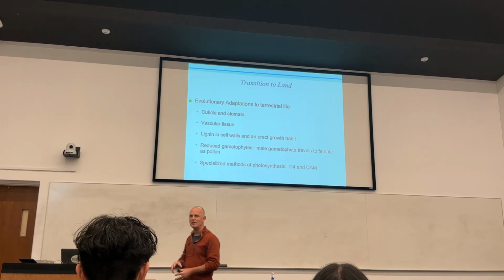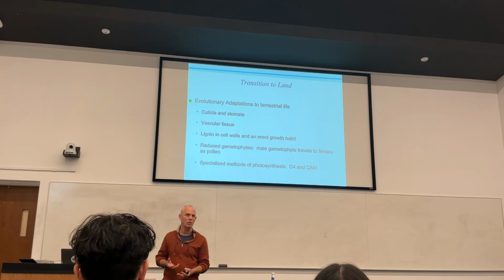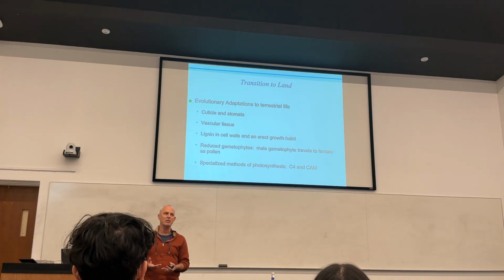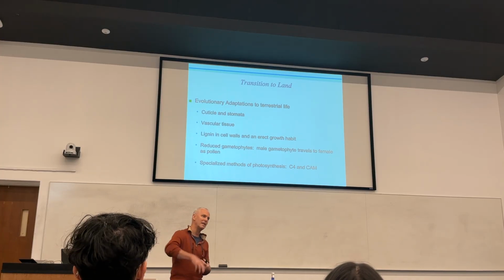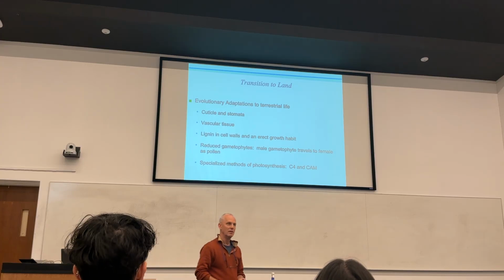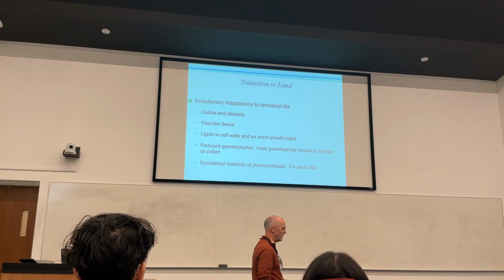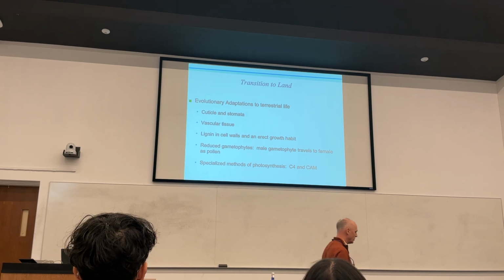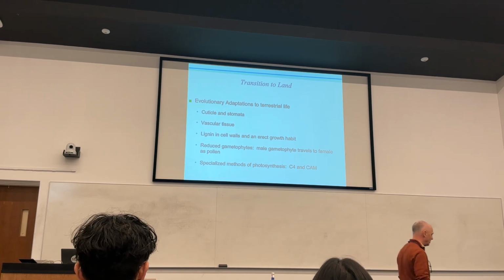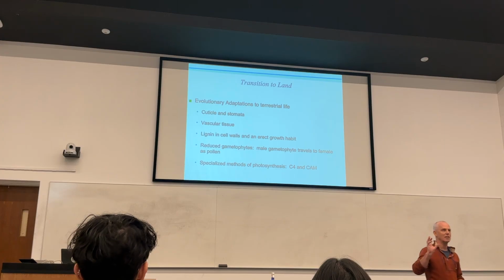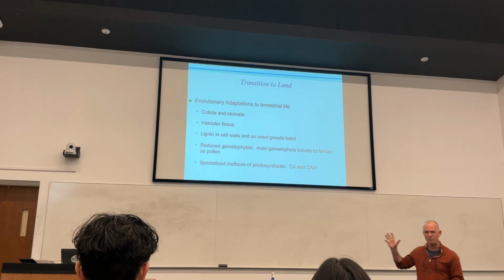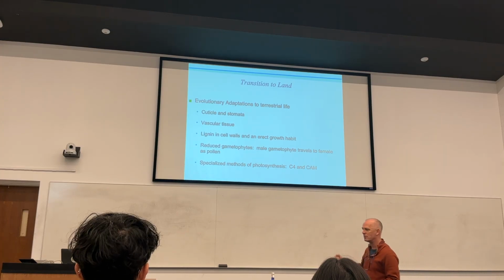But if you completely seal the outside of the plant in a waxy layer, you have a major problem because that prevents you from taking in CO2. So, to get around that, the invention of the stomata was very important. So the evolution of stomata was critical because that essentially allowed plants to control the uptake of CO2 and the loss of water.